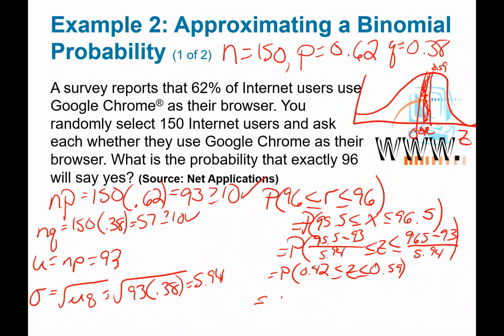We look up 0.59, our bigger z-score, and we get an area to the left of 0.7224, minus the area to the left of our smaller z-score, 0.42, which is 0.6628. We do that subtraction to get our final probability approximation, which is 0.0596.